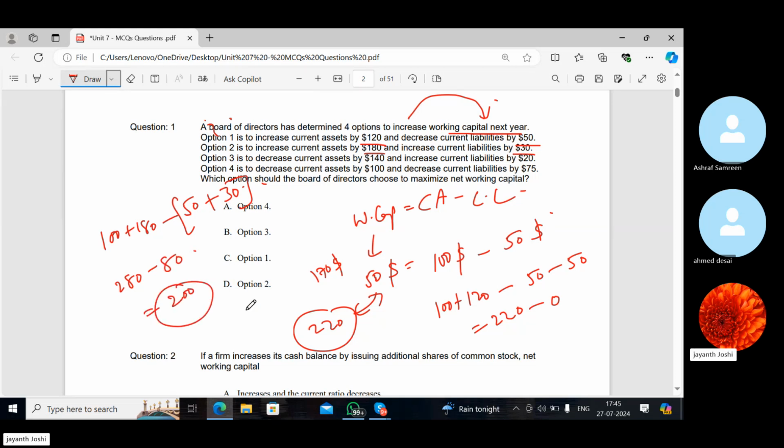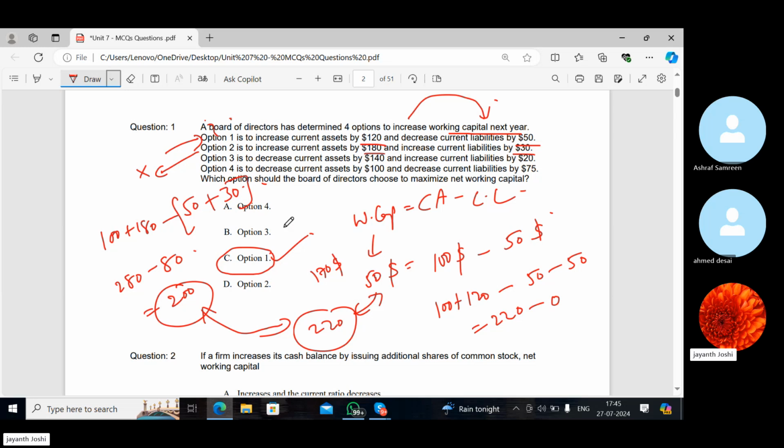When I compare this, in which option do you think it is increasing? Option 1. Till now, option 1 we have got. Option 2 is not increasing that much. Decreasing current assets is not going to increase the working capital. So option 1 is the answer.